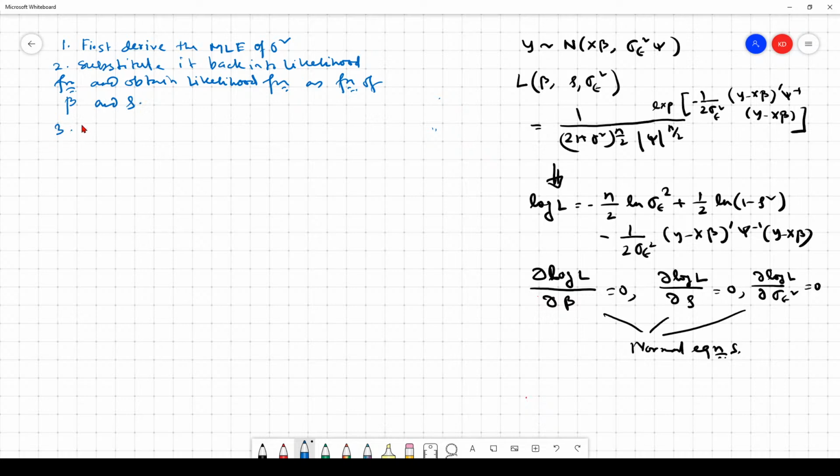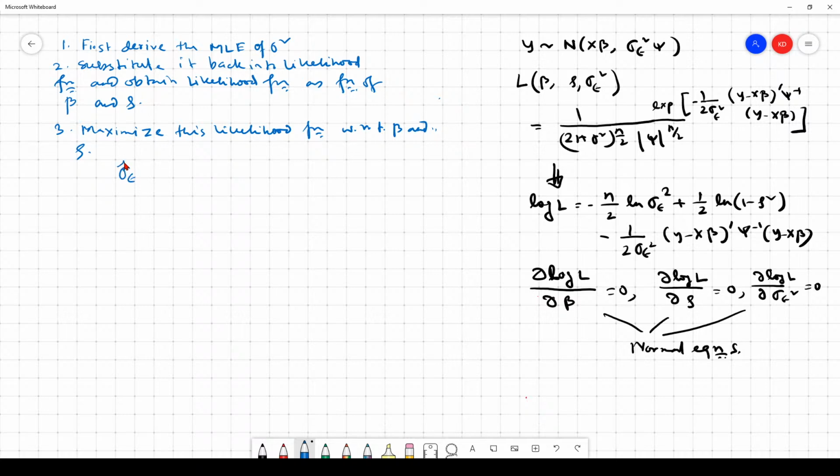Third step, maximize this likelihood with respect to beta and rho.